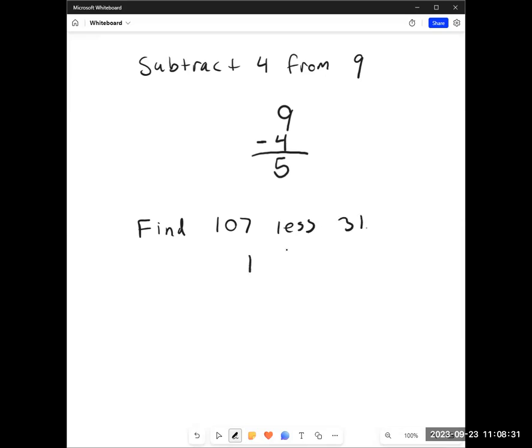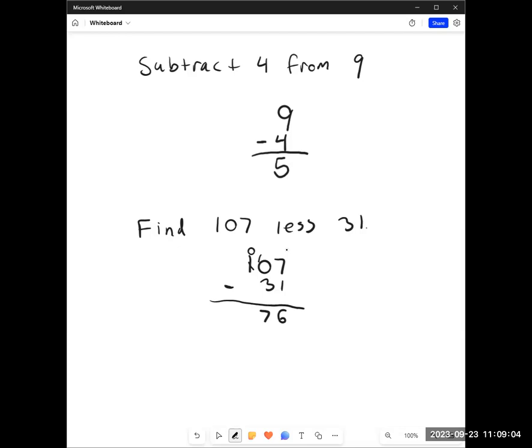So 107 less 31, or minus 31, would be another way to say that. 7 minus 1 is 6. 10, I'm going to have to borrow here because I can't take 3 away from 0, so I'm going to borrow that 1 from there. 10 minus 3 is 7, and I have nothing left in the hundreds place value, so there's a 0 there.